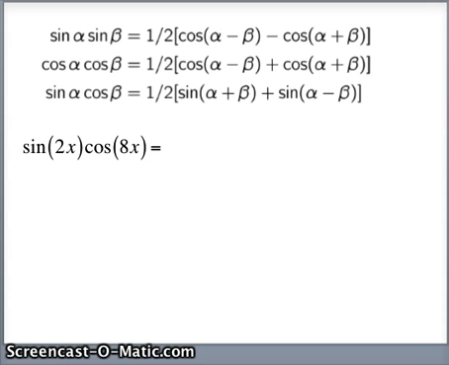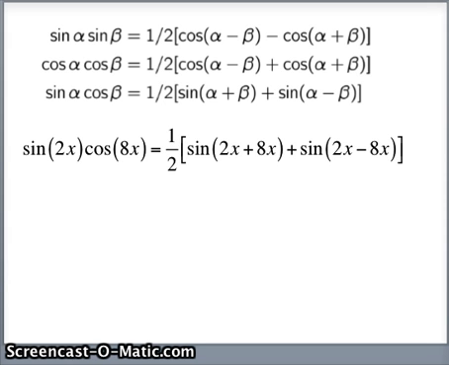If I have sine 2x cos 8x, this one is going to be just a little bit harder. Alpha is 2x and beta is 8x. So replacing that, we'll get sine(2x plus 8x), fine, that'll be sine 10x. But then sine(2x minus 8x), and this is the first time we've seen a negative number appearing in our discussion.